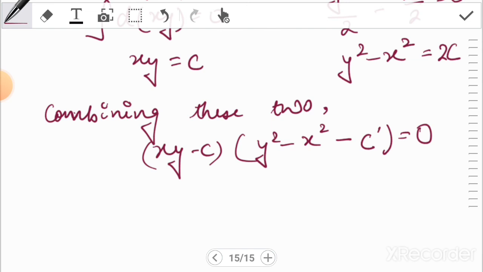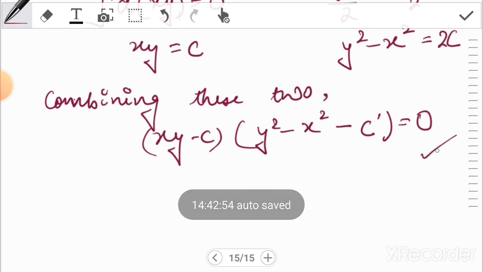Thus the required solution is this. Okay.